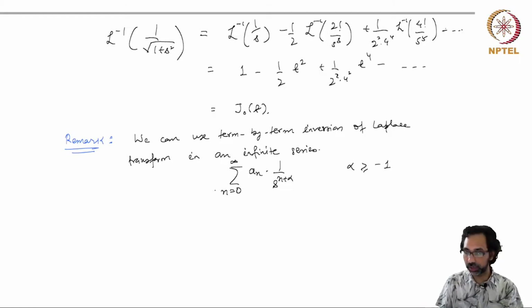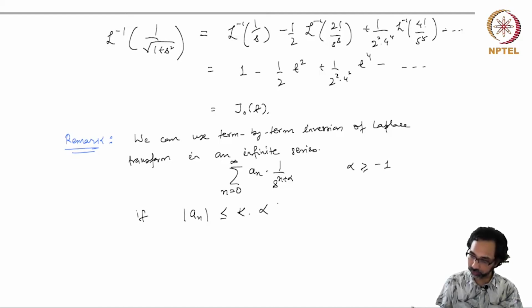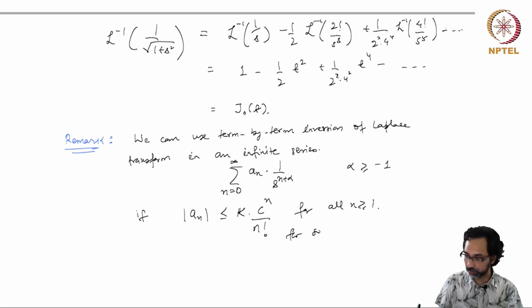We can use term by term inversion of this kind of infinite series if the modulus of a_n is less than or equal to k times c to the power n over n factorial for all n greater than or equal to 1, for some positive constants k and c.